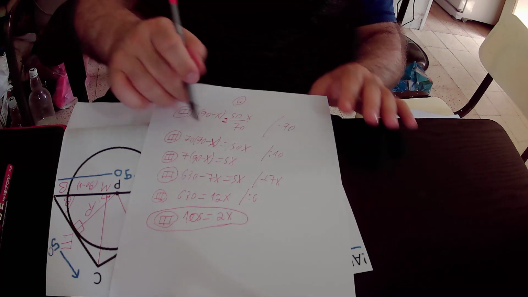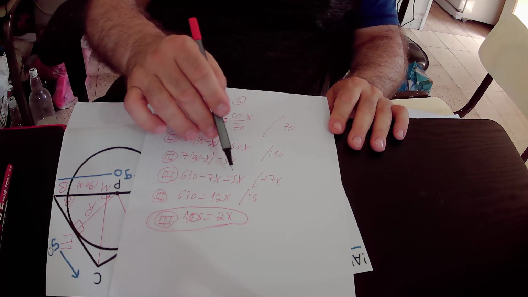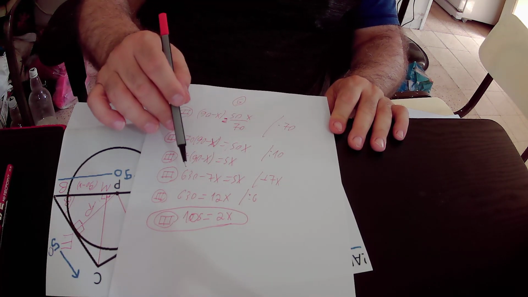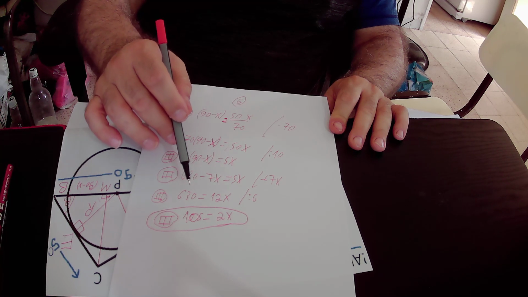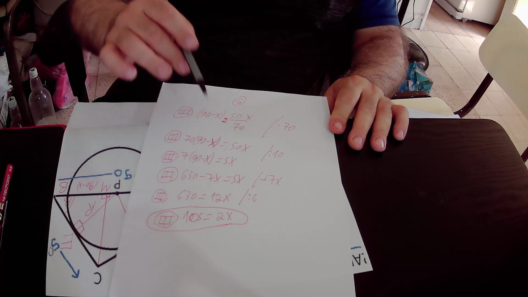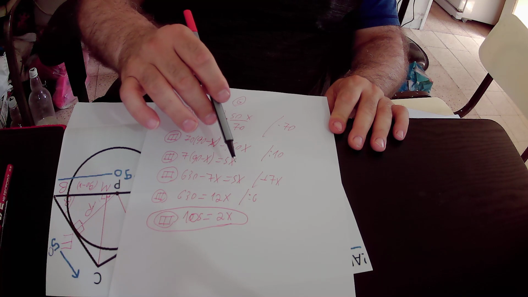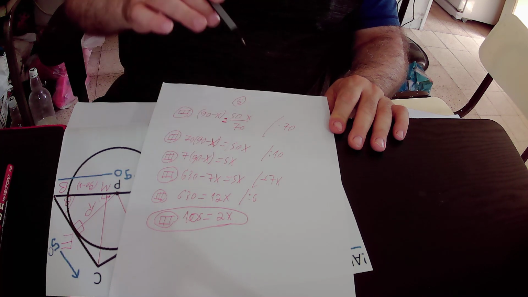So we divided both sides by 6. 630 divided by 6 equals 105, and 12x divided by 6 equals 2x.